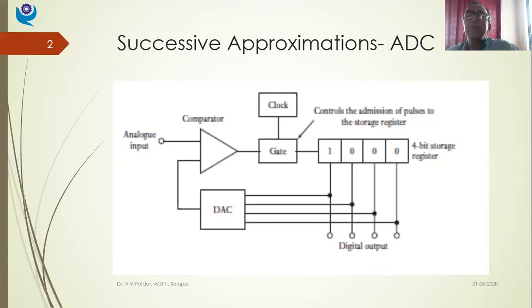As I'm telling you, after some iterations, when the feedback value becomes equal to my analog signal, the gate opens and then I have the digital representation. I'm verbally telling you in a slow fashion. Practically, this counter works very fast and you get the digital representation of my analog signal. This is how this successive approximation type A to D converter works.